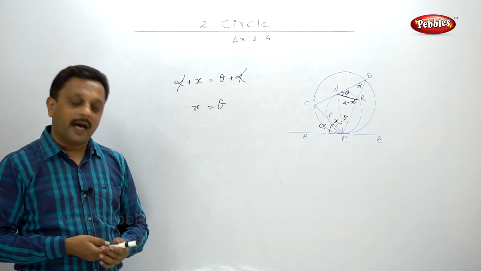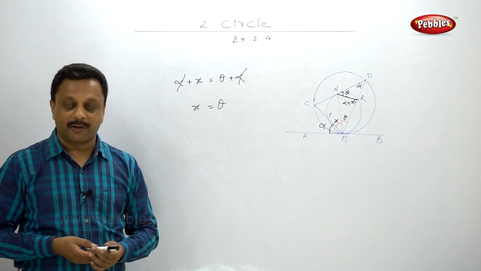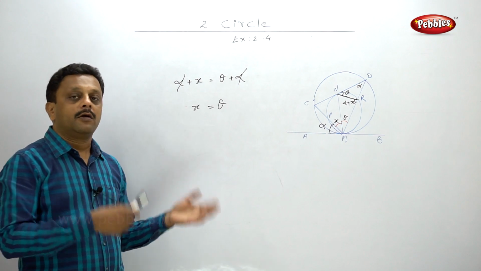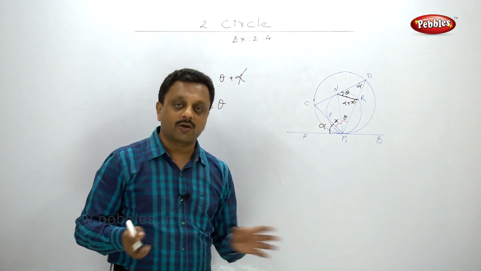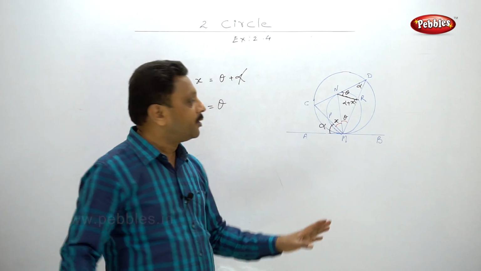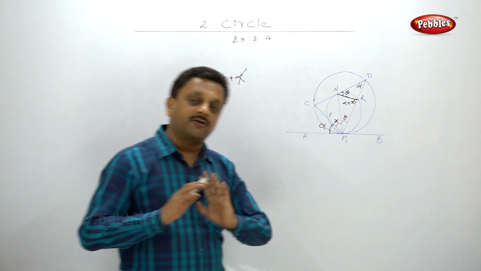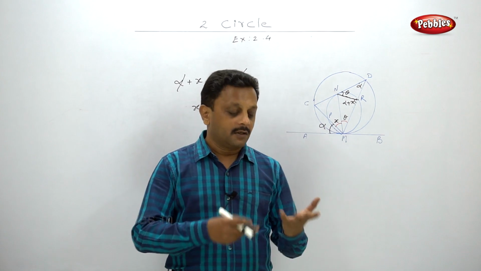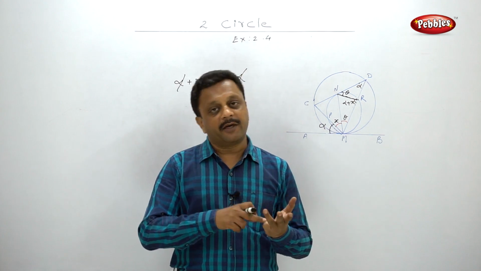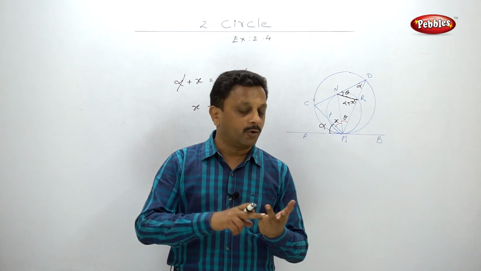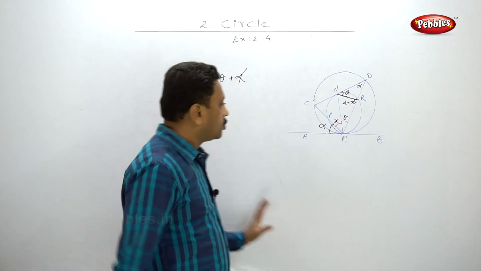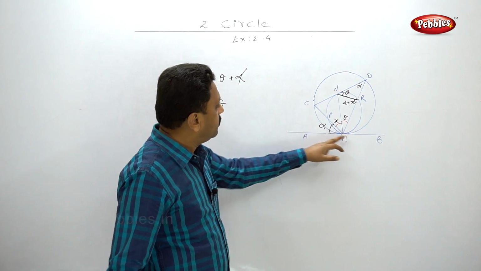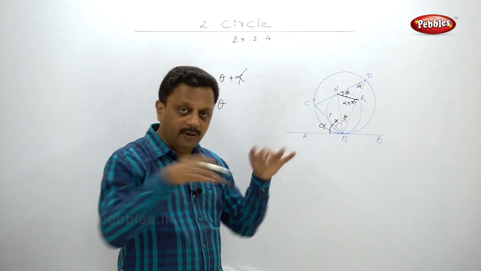Again I am explaining to you, I know this is quite a complicated example, but here our old reverse engineering method applies. First of all, write down whatever you can understand from this figure, that's all. So I know angles in the alternate segment, the inscribed angles theorem, is going to be used. First of all I will go from outside to inside.